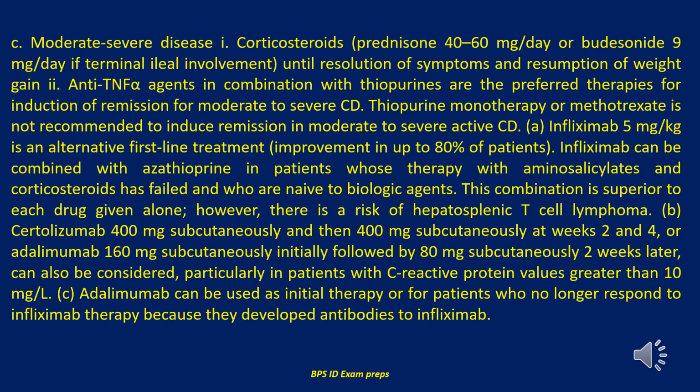B. Certolizumab 400 mg subcutaneously and then 400 mg subcutaneously at weeks 2 and 4, or adalimumab 160 mg subcutaneously initially followed by 80 mg subcutaneously 2 weeks later, can also be considered, particularly in patients with C-reactive protein values greater than 10 mg per liter.